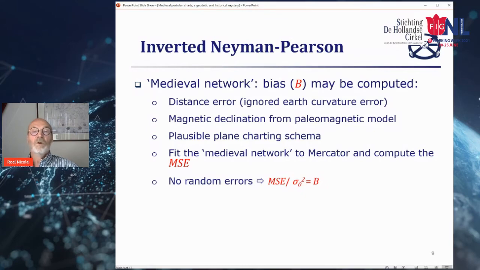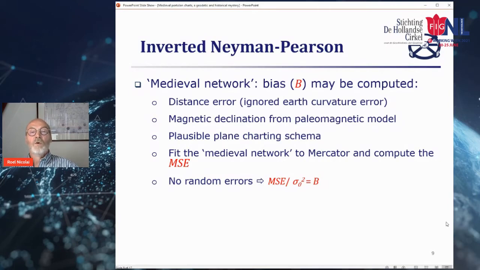Analyzing the three networks of the Western, Eastern, Mediterranean and the Black Sea in the same way as the real Portolan chart again yields an MSE for each of the three networks, but because there were no random errors in the simulated dataset, this MSE is the actual bias that would be present in the MSE of a real Portolan chart had it been constructed using that simulated medieval method.